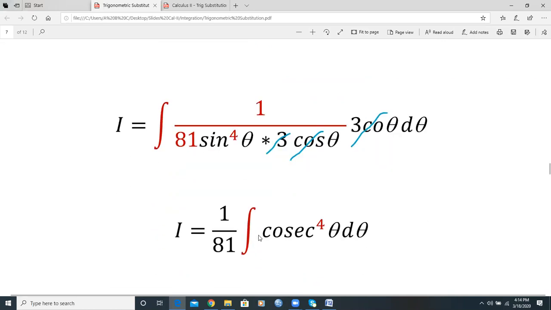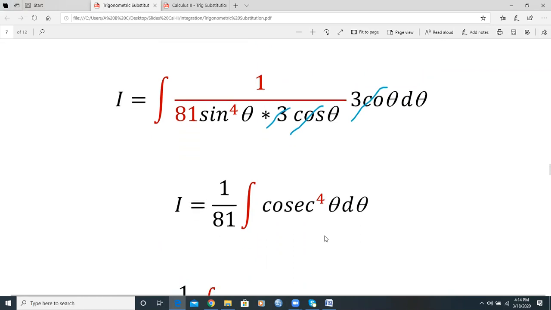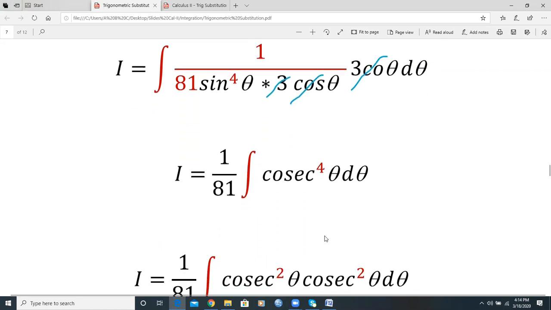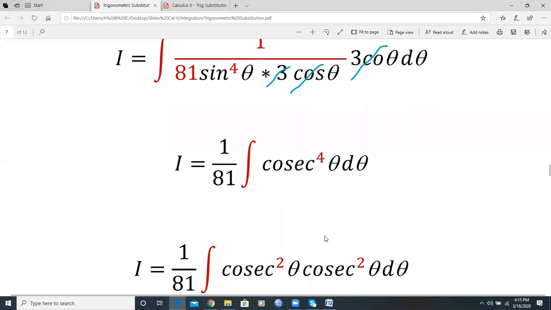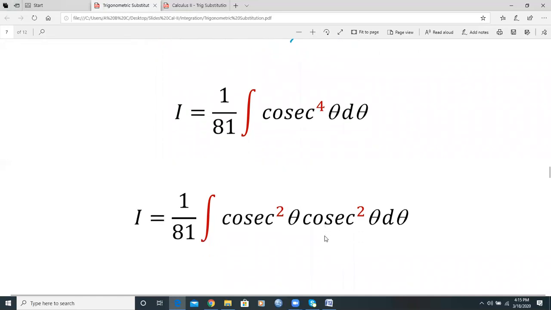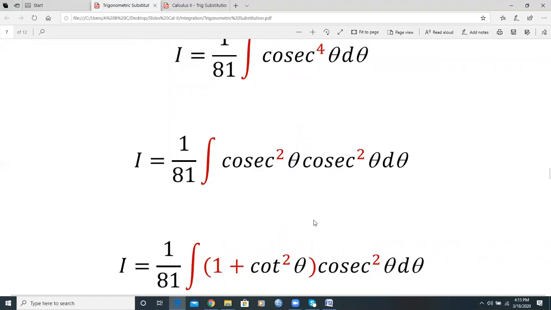So 1 over sine to the power 4 theta can be written as cosec to the power 4 theta. Again, we express this cosec to the power 4 theta as cosec square theta into cosec square theta. We will convert one cosec square theta into 1 plus cot square theta.